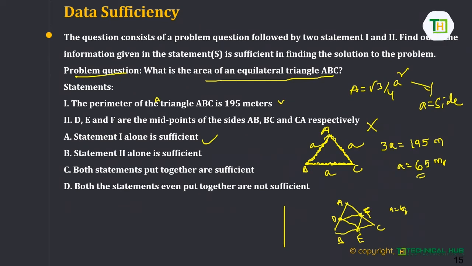Suppose statement one is wrong, meaning we can't find the area of the equilateral triangle, then we add statement two. That is why statement one alone is sufficient to give the answer.